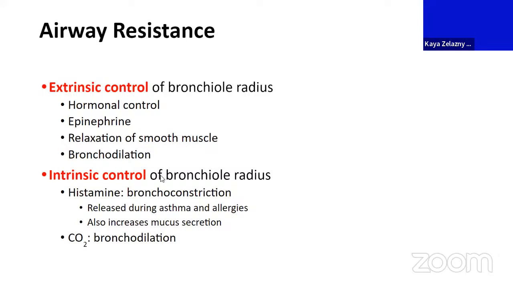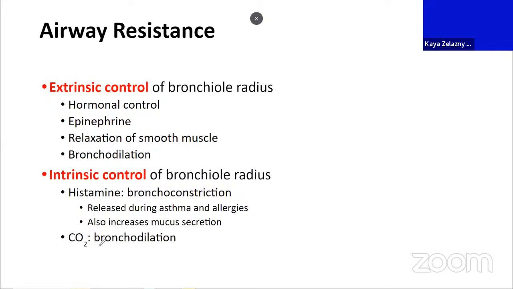In terms of our intrinsic control for our bronchiolar radius, we've got one more thing that can help us dilate. All right. So locally, we've got our friend carbon dioxide here. Okay, so we saw that carbon dioxide levels and oxygen levels near the arterioles had an effect on blood flow.